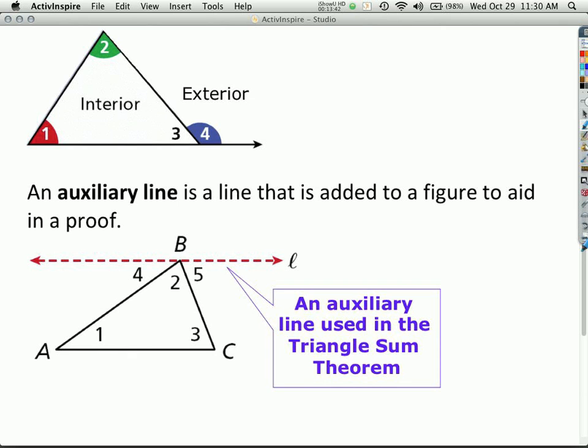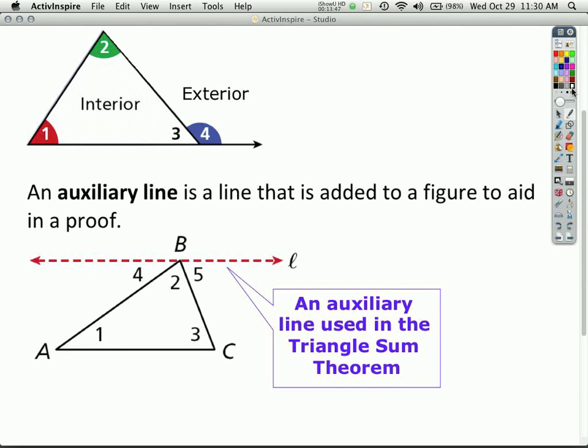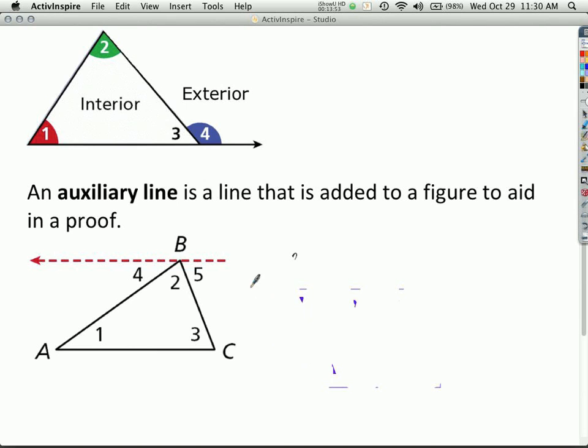For example, let me get rid of the auxiliary line for a moment. So now it's just a triangle with three angles, 1, 2, 3.